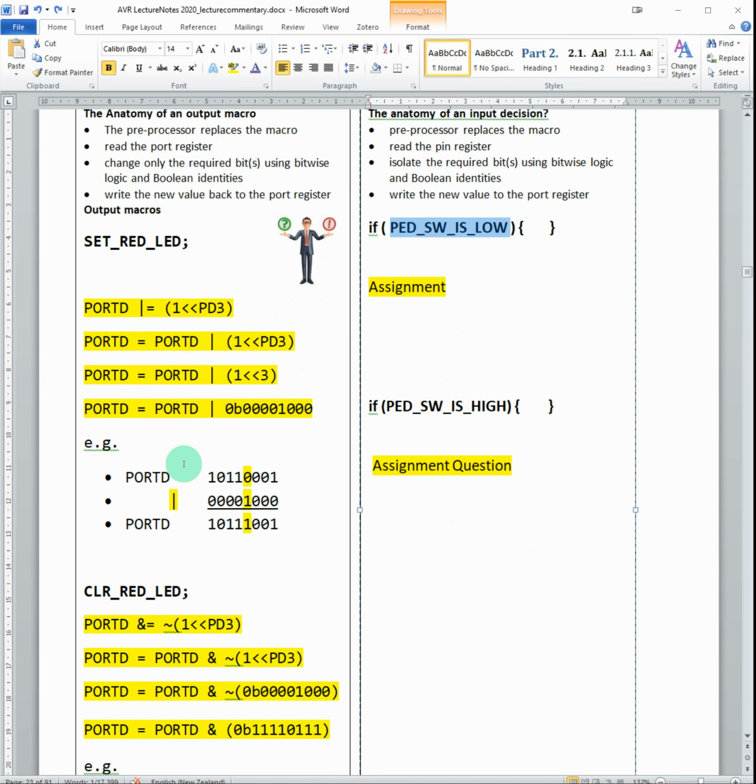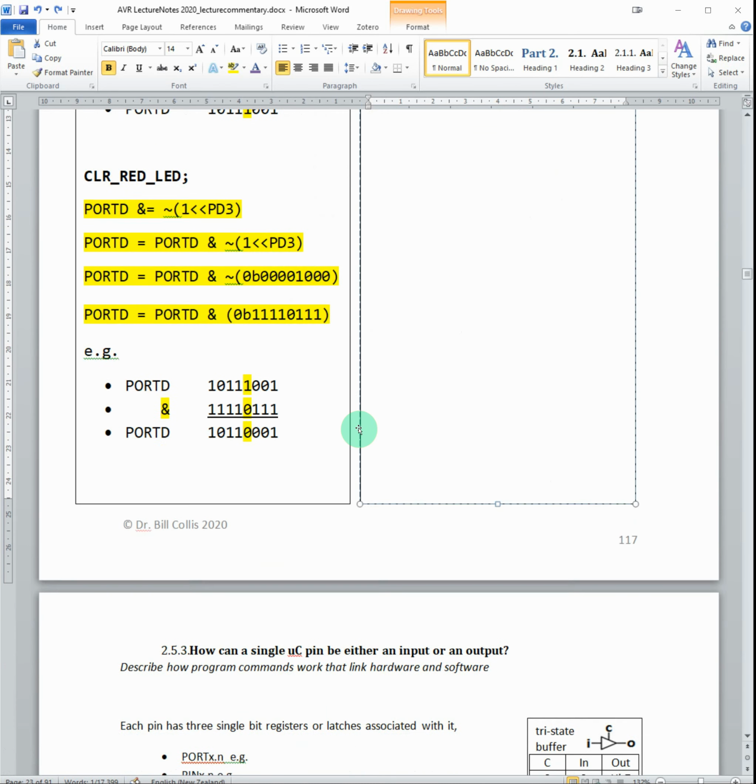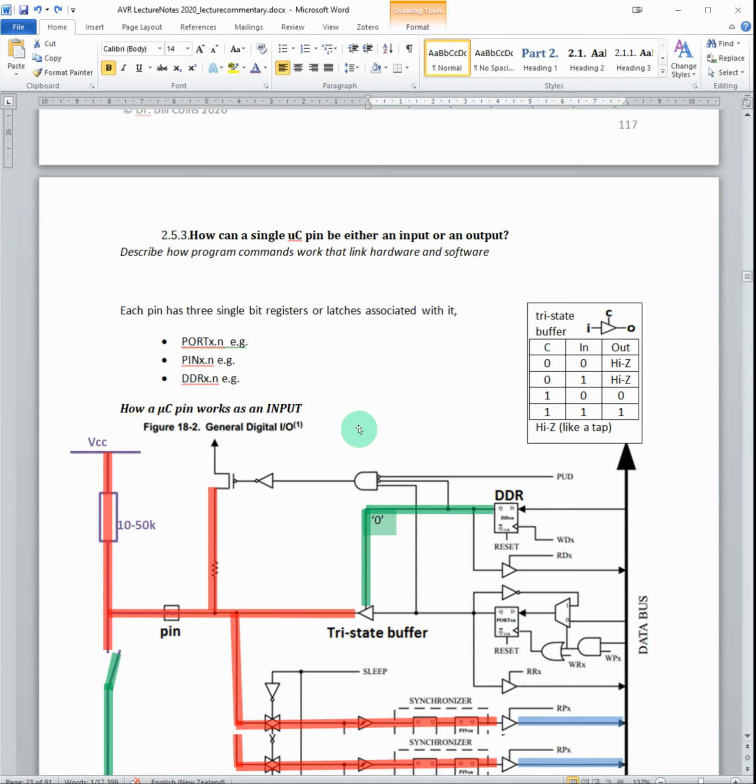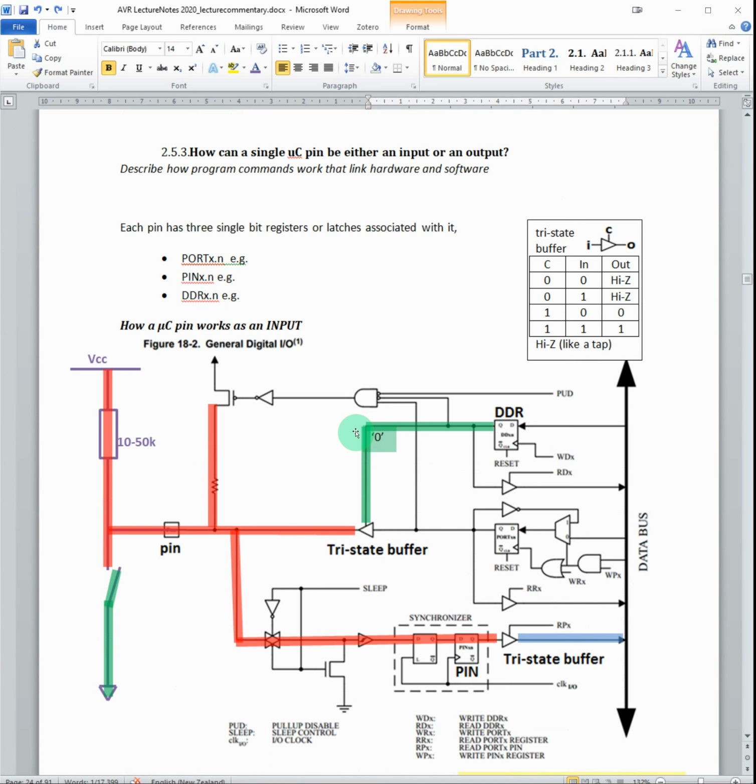Now, I want to delve even deeper into what's going on here, and I want to have a look at a representation of the circuit that is inside your microcontroller. Now, thinking back about what you've done already in terms of digital logic prior to this part of the course, you've got something called RTL, Register Transfer Level.